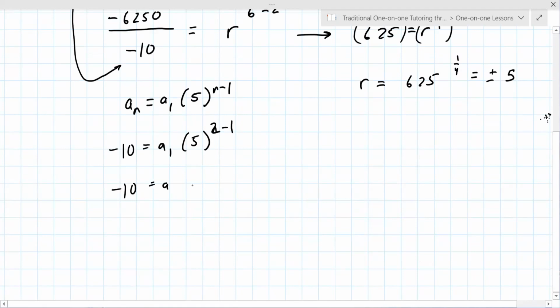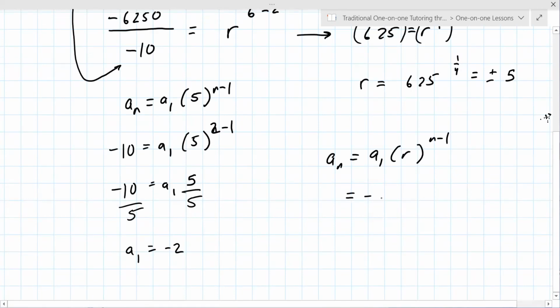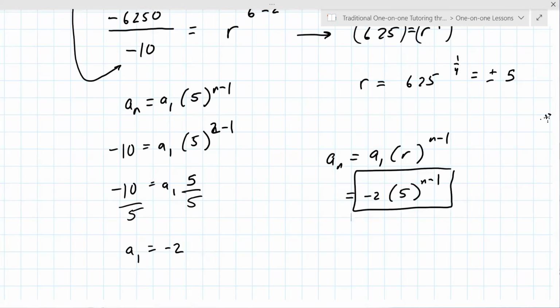As I'm explaining this, I'm realizing how complicated this actually is to explain. Divide by 5. So A1 equals minus 2. Again, AN is A1 R to the n minus 1 power. You have to find A1 and you have to find R. If you can find both of those, which is probably our main takeaway for this problem, that is how to proceed to get those two values and plug them into the formula.